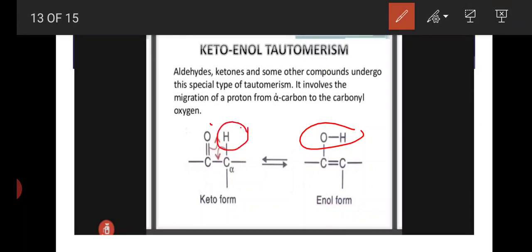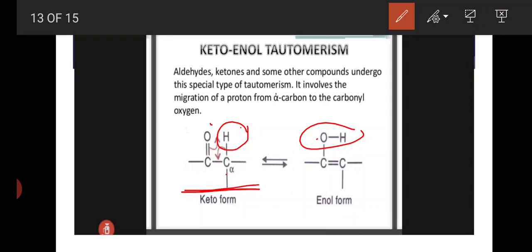Here this is the alpha hydrogen present at the alpha carbon, and it migrates from the alpha carbon to the carbonyl oxygen.